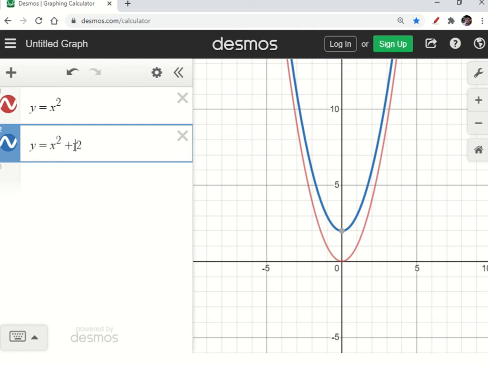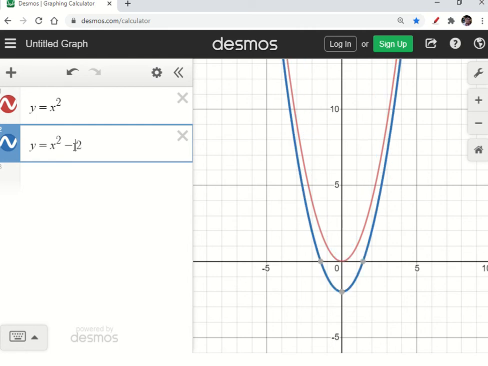Now what happens if we have x squared minus 2? When we have x squared minus 2, the graph will be shifted down by 2 units. So the graph is shifted vertically if we add or subtract a certain value to the function.